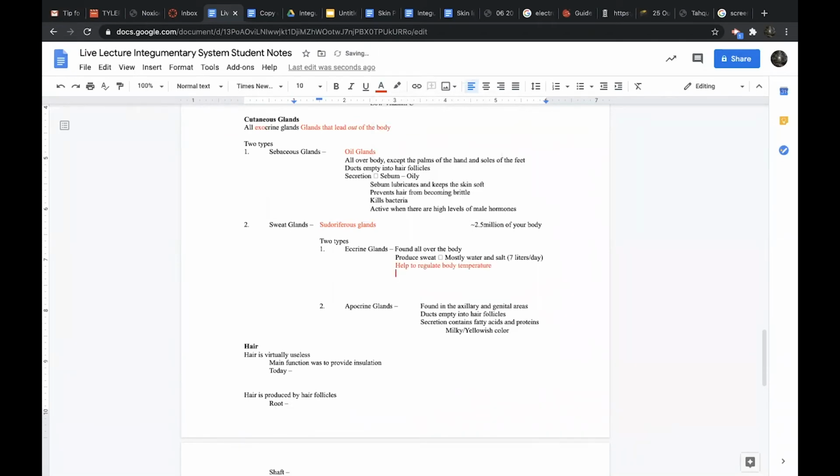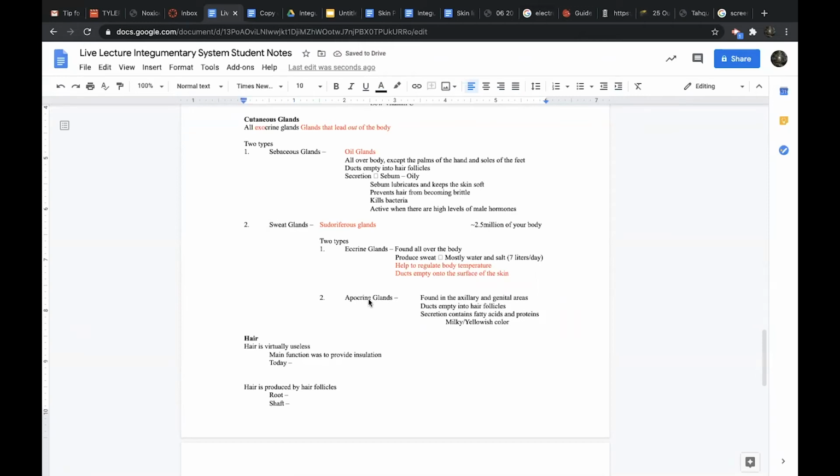The ducts empty onto the surface of the skin. Okay. Apocrine glands are found in the axillary and genital areas.